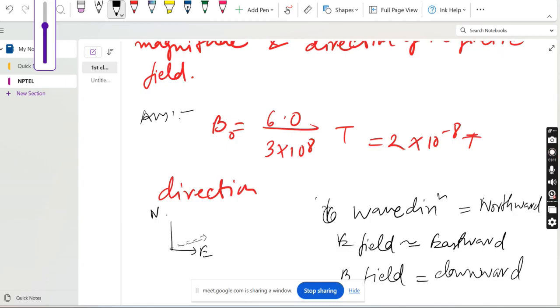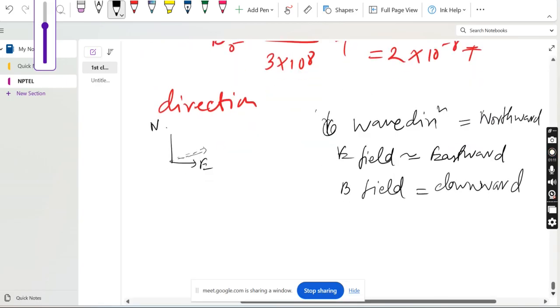This is the eastward electric field, and this is the downward magnetic field. From east to downward, we curl the fingers, and we get the north direction in the upward direction. So this is how we can get the direction of the B field.